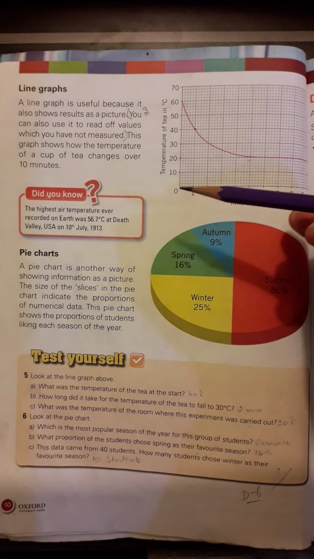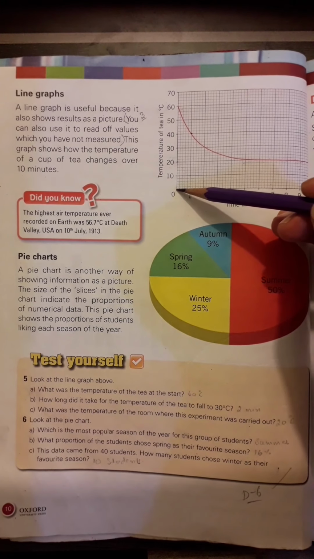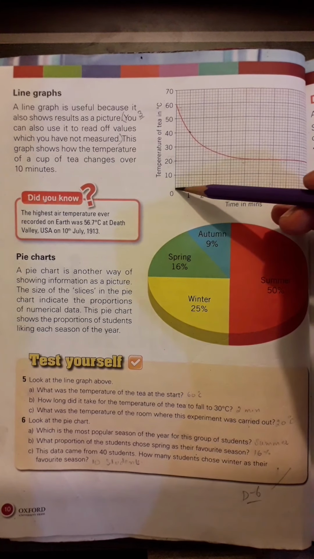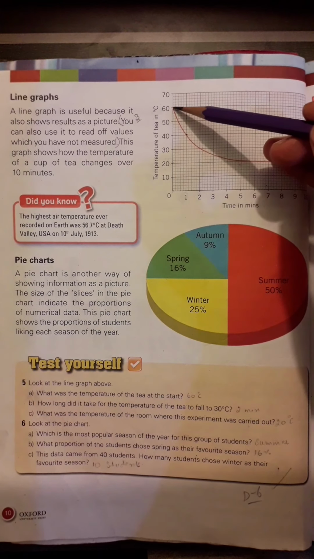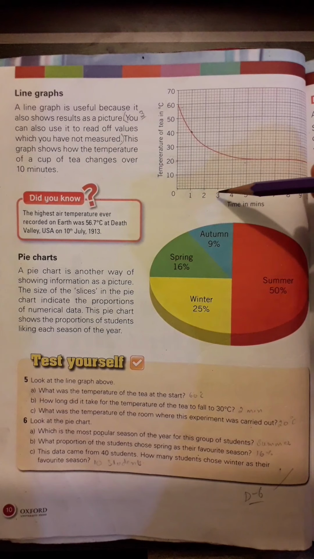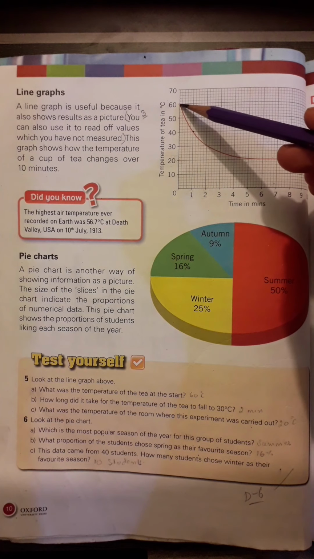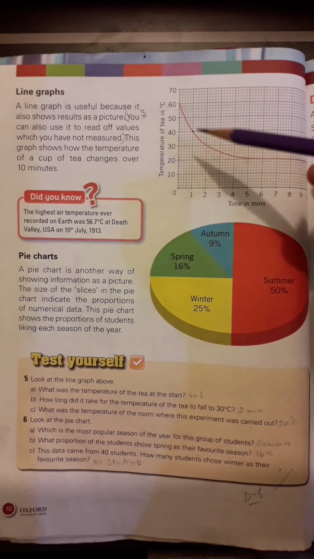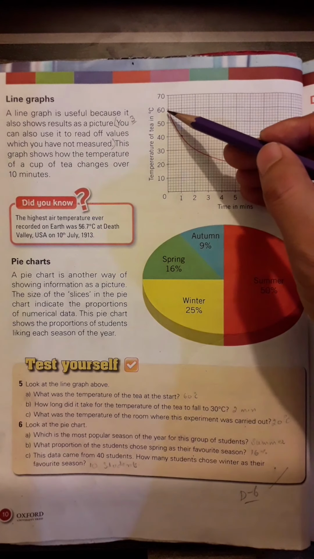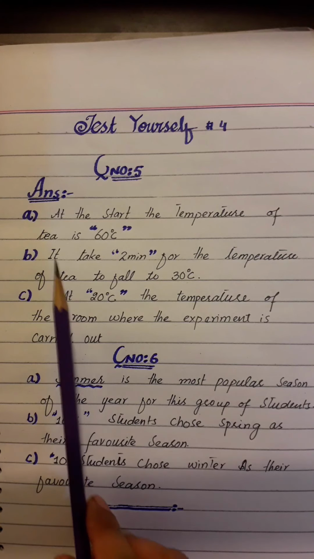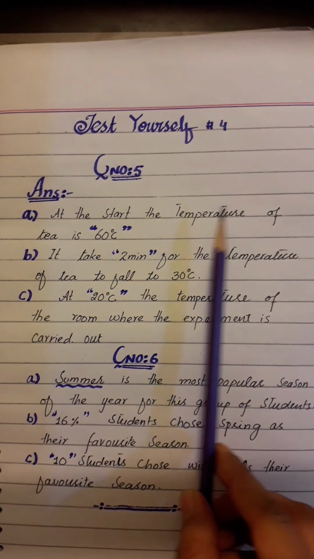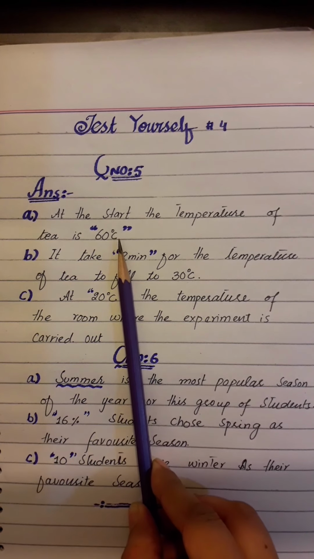Students, you can see here that at time 0, the temperature of the tea is 60 degrees Celsius, and when the time is increased, the temperature of the tea gradually decreases. The answer is, at the start, the temperature of the tea is 60 degrees Celsius.